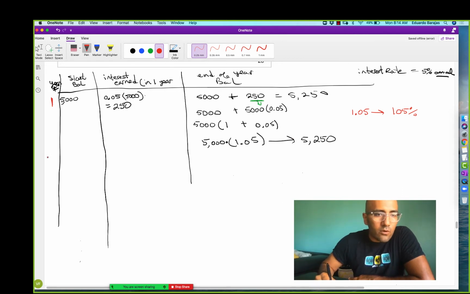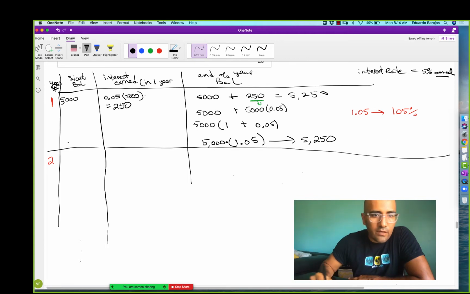Good, okay, so then we're off to year 2. The initial balance at the beginning of year 2 is now $5,250. But as we just said, another way of saying $5,250 is to say 5,000 times 1.05.